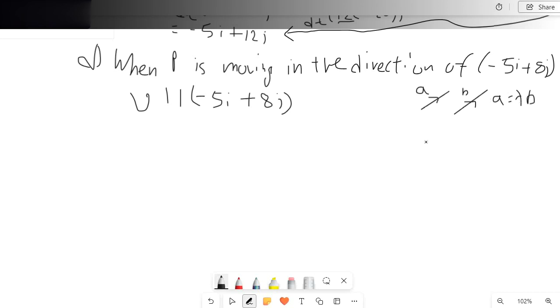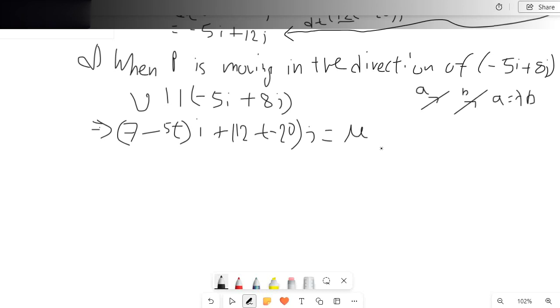And so we can say that the velocity v, which is 7 minus 5t, all multiplied with i, plus 12t minus 20 j, is mu, which is a constant, times minus 5i plus 8j.